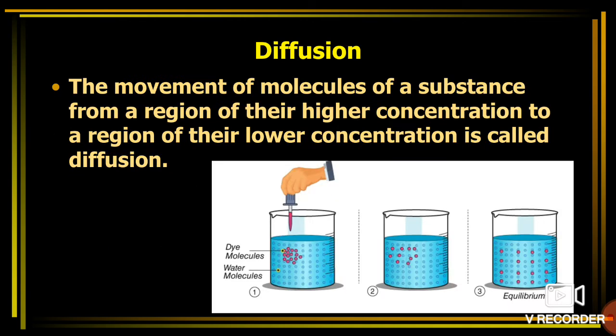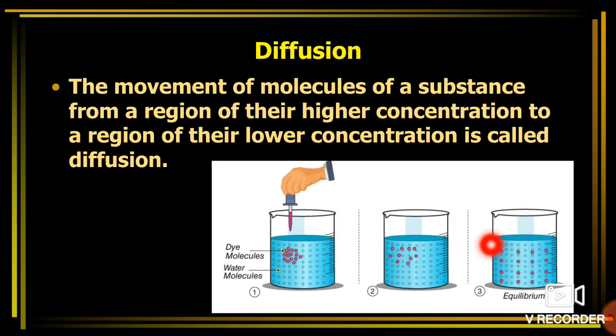Let's see what actually this diffusion is. In this diagram you can see that we have placed a dye and the water is there, and if you see the second beaker, it starts spreading, and here you can see this dye is equally distributed.